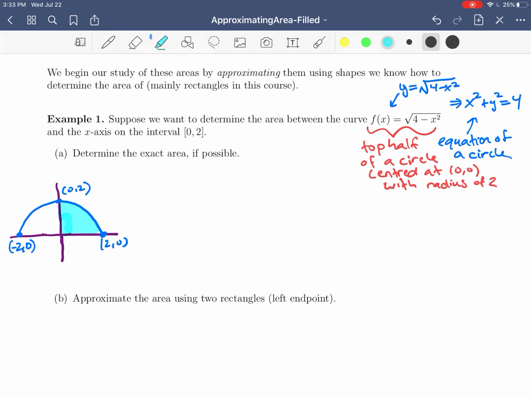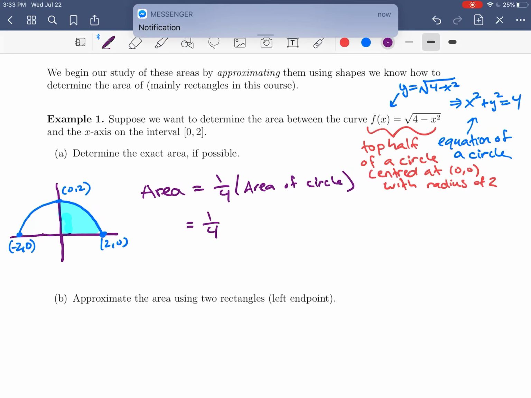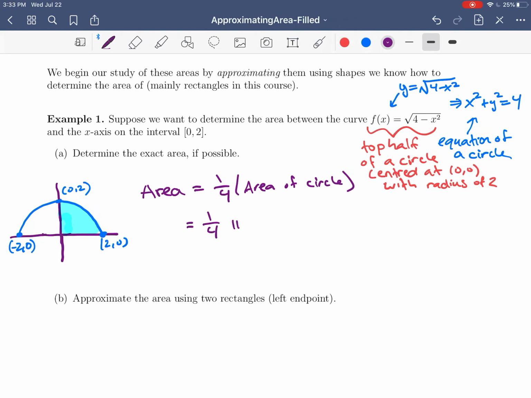So this is the area that we want. It's going to be a quarter of the circle. So the area here is 1/4 the area of the circle, which is going to be 1/4 pi, and then our radius is 2, so pi r squared. So this is actually just pi. So the exact area is pi.